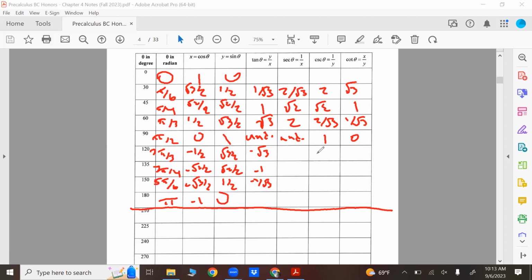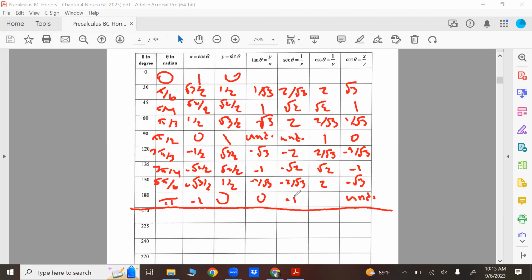The cosecant stays the same as before: 2/√3, √2, and 2. These will change sign: -2, -√2, -2/√3. These change sign: -1/√3, -1, -√3. Tangent of 180 is 0, but it's undefined here.